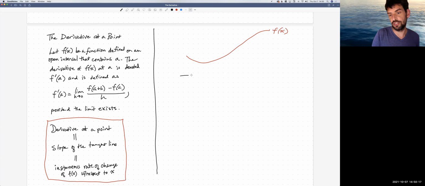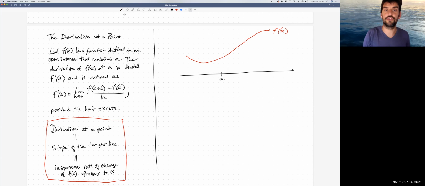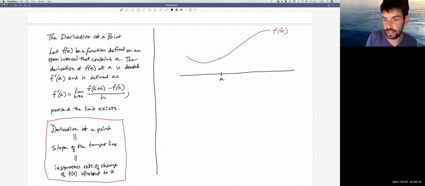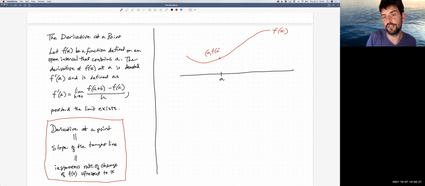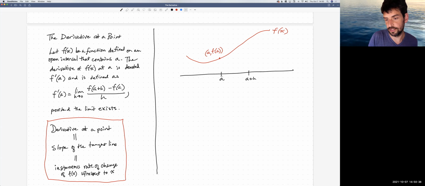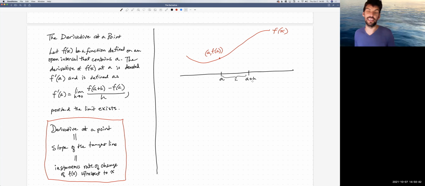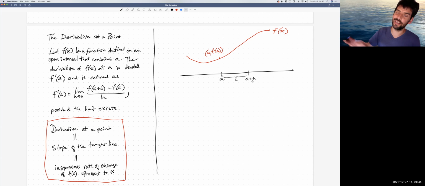We're interested in the derivative of this function, or the slope of the tangent line of this function at the point a, f of a. So we move a little bit away, right? And before we called this a plus h, right? So we had this distance in here was just h, so we're a plus h. Remember, I'm again drawing it on the positive side. H could be negative.